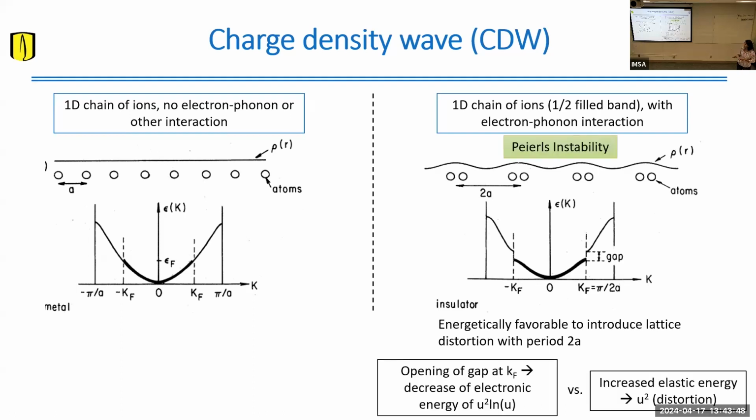And this new periodicity opens a new gap right at the Fermi surface, so the material tends to become an insulator. This is called the Peierls instability, the competition between the energetically favorable lowering of your electronic states and the cost of elastic energy because you're putting atoms closer.